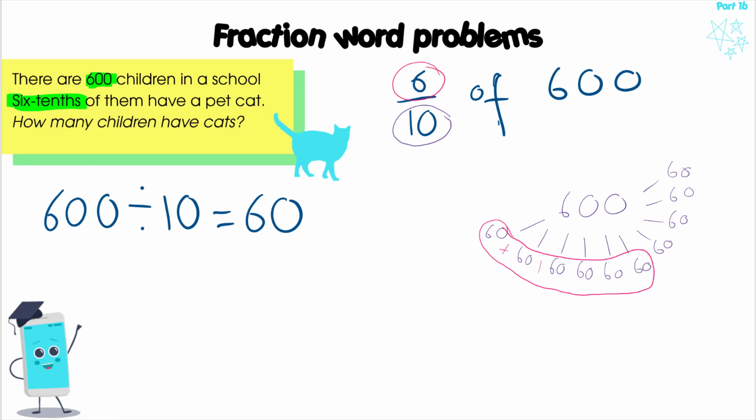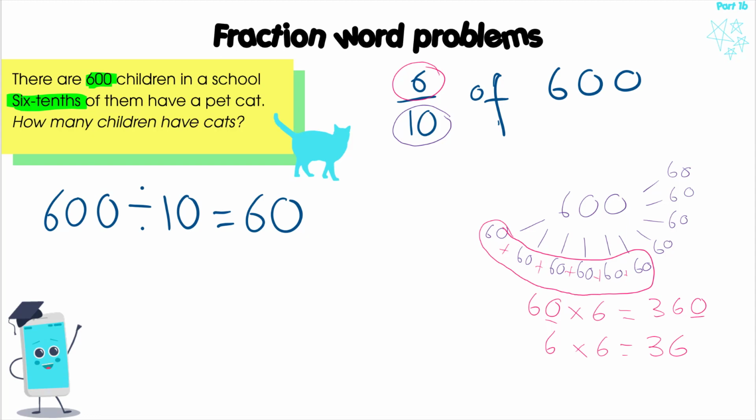Now I could add them. And adding 60 six times is the same as saying 60 times 6. Now, if I know that 6 times 6 is 36, I also know that 6 tens times 6 is 36 tens.